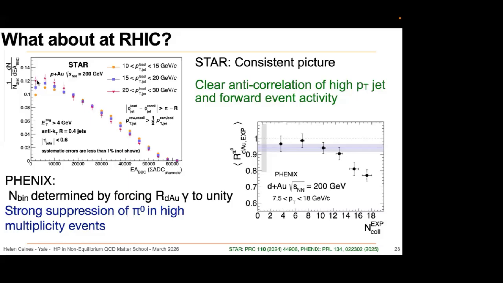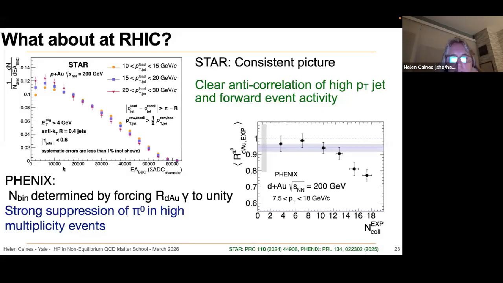Yes, my question was on this slide only. Can you explain how the anti-correlation is clear at high PT? So this is the event activity, so higher numbers are higher event activity. It's not quite correlated with the number of particles directly.